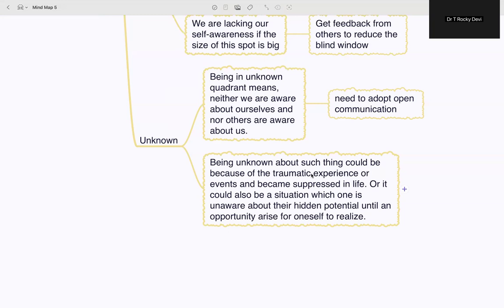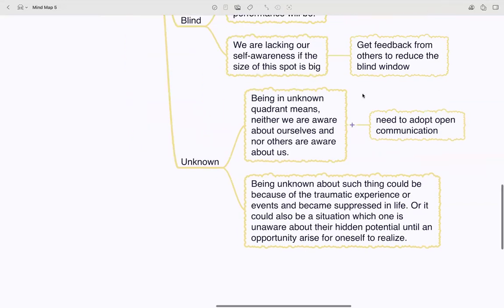That could be one of the traumatic experiences which you accepted and made to be unknown in you. But who knows, afterwards when you start practicing you become one of the best dancers, which means definitely this is your potential area. So the unknown window should be made very small, and you need to adopt open communication to make your unknown window smaller and smaller.